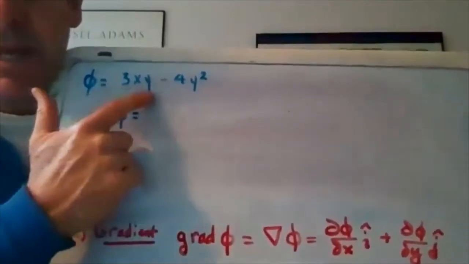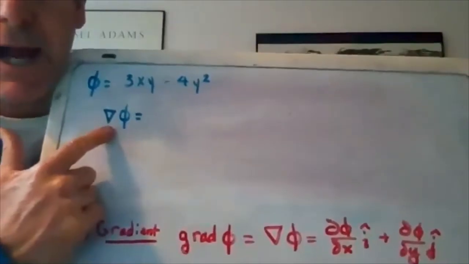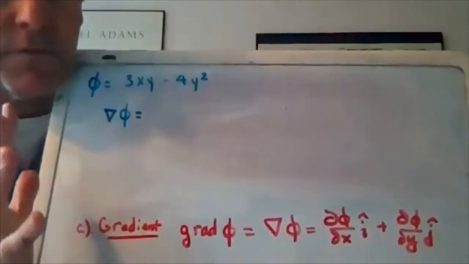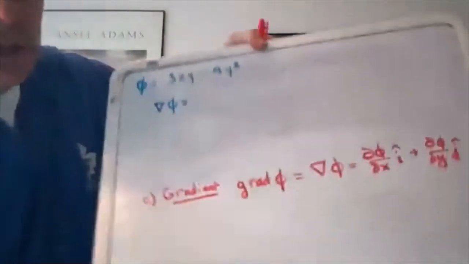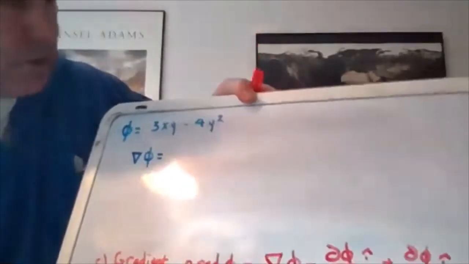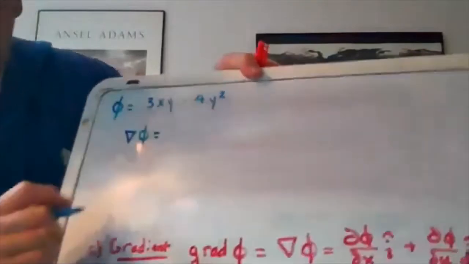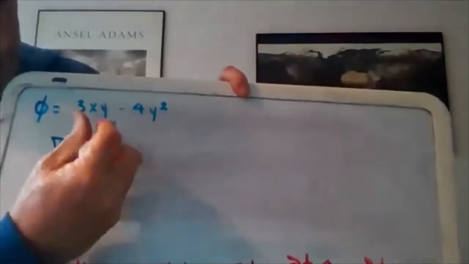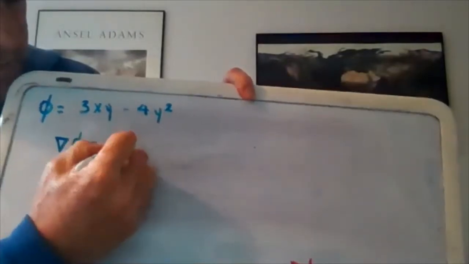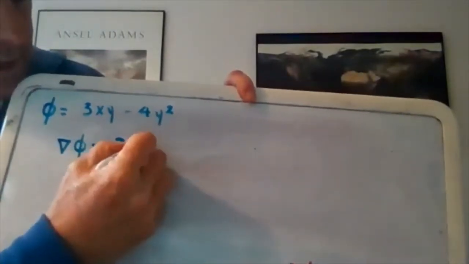And so again, this maybe has something to do with pressure and how pressure is changing. Very rough. More on that later, but we'll just follow the math for right now. So what we're supposed to do is the partial of this with respect to x as our first step. So this is going to be 3y, and that's going to be 0. So I've got 3y in the i hat direction.